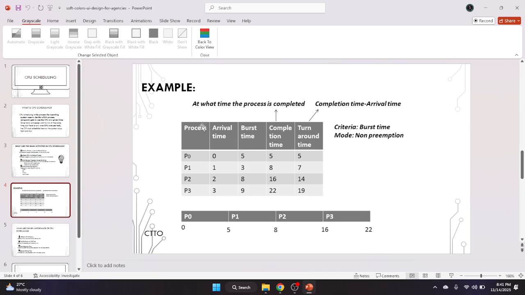Shortest job first means the CPU always picks the process with the smallest burst time among the processes that have already arrived.